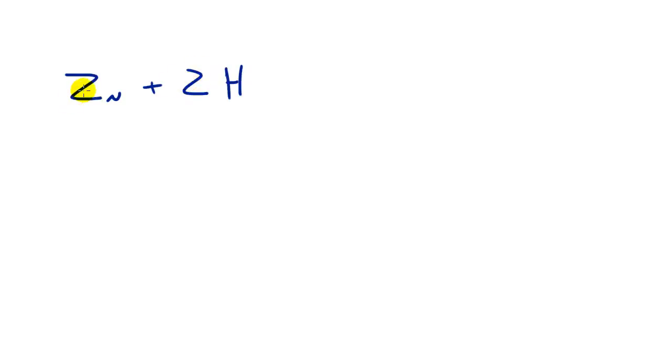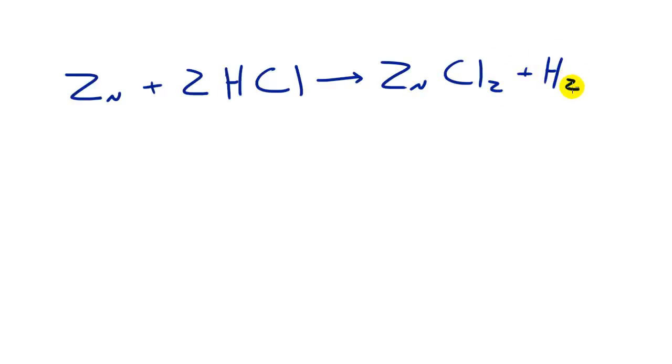But anyway, this is a 2, this is a Z. So we have 2 molecules of hydrochloric acid, which is HCl, and whenever they react, the zinc is going to replace the hydrogen. So we have zinc bonded with chlorine, and we also have 2 leftover hydrogen atoms.